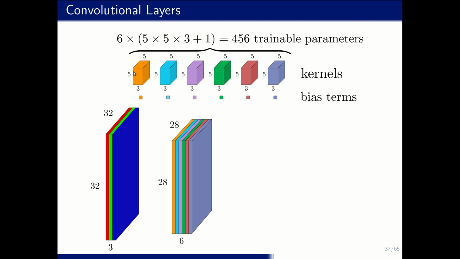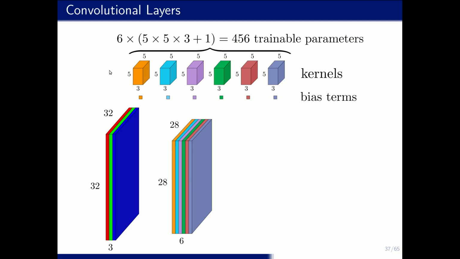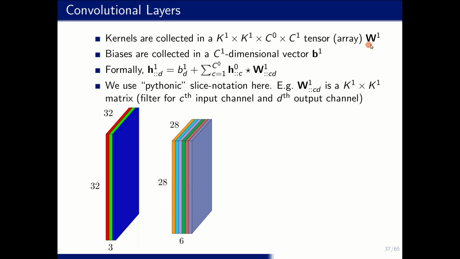Now we had these 6 different kernels, and each kernel is a 3-dimensional array. We can now stack them to a 4-dimensional array. Each of these kernels is 3-dimensional, but we have 6 of them, which is effectively a 4-dimensional array. So we're packing these different kernels into a 4-dimensional array called W1, W1 for the first layer.